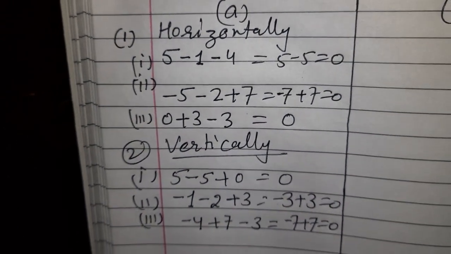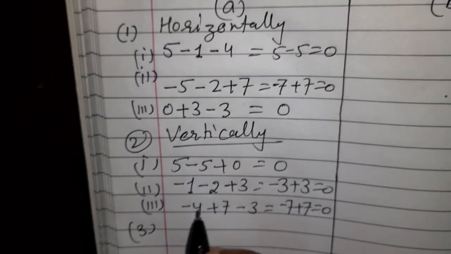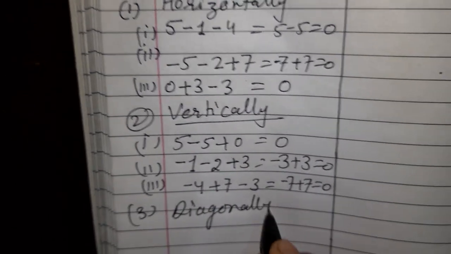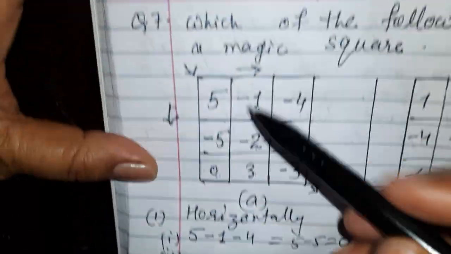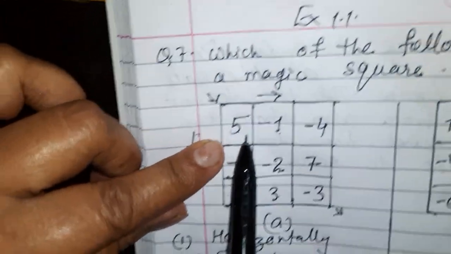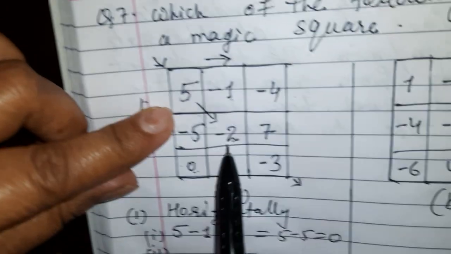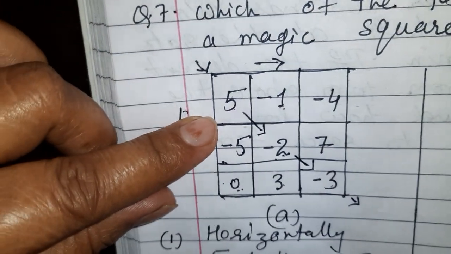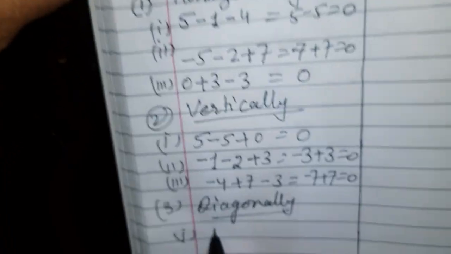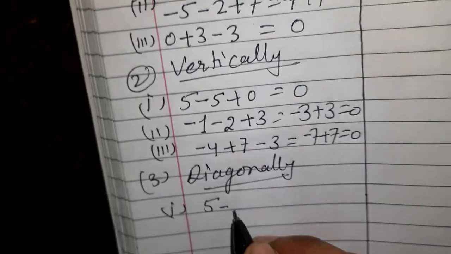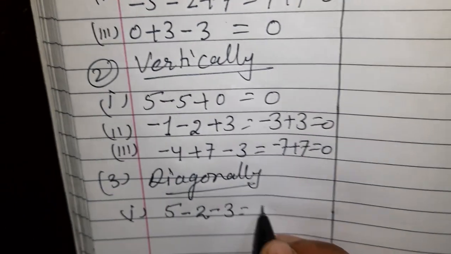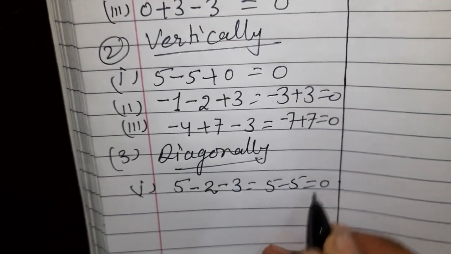Now let us see when you add diagonally. Diagonally means 5 plus minus 2 plus minus 3, that is 5 minus 5, 0.